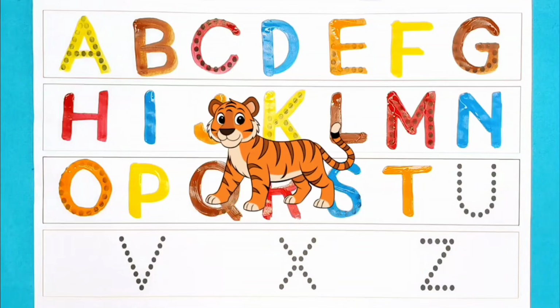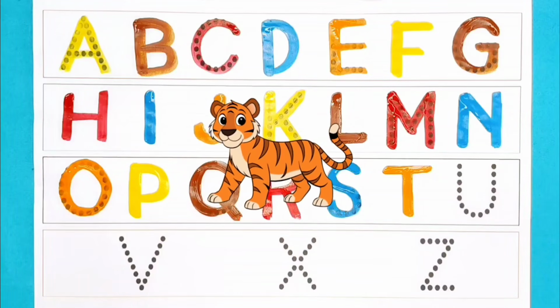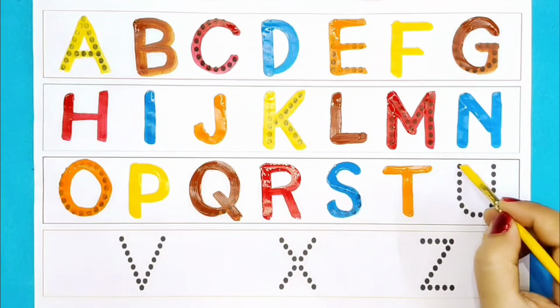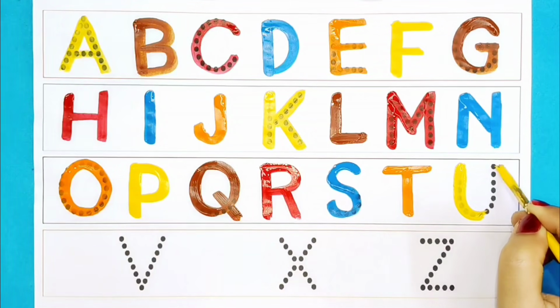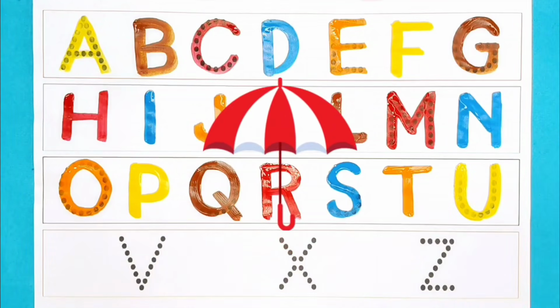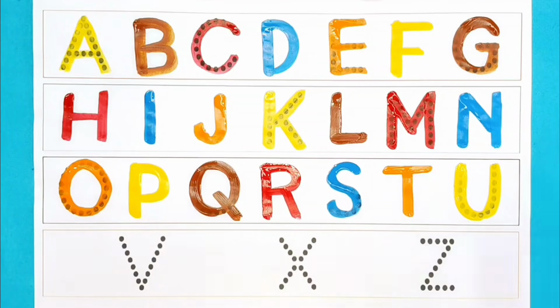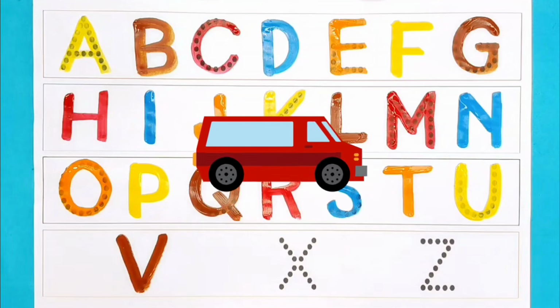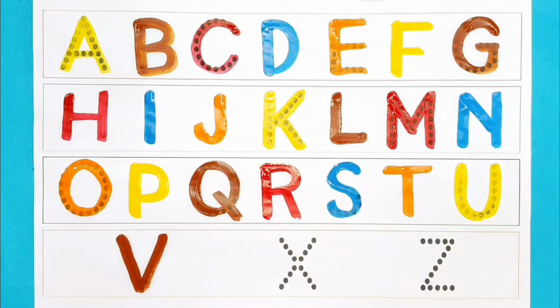T. T for tiger. Yellow color. U. U for umbrella. Brown color. V. V for van. Red color.